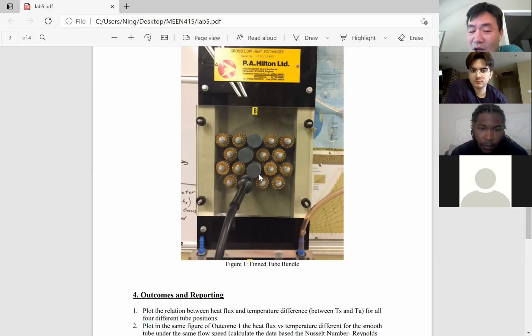But think about it. When the air goes through this bundle, remember the conservation of mass, right? The flow rate has to be the same when it goes through this bundle. Flow rate is velocity times the area. Think about inside the bundle, the area is tiny.